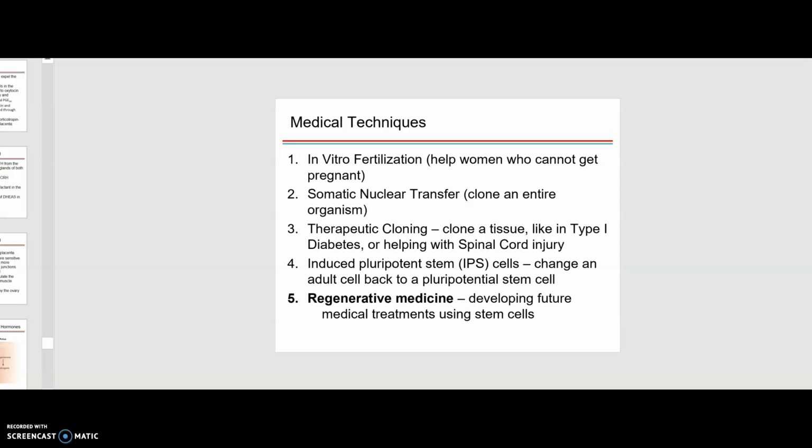I want to do a brief discussion on some medical techniques, not all of them obviously, but some medical techniques used in reproductive physiology and so forth.